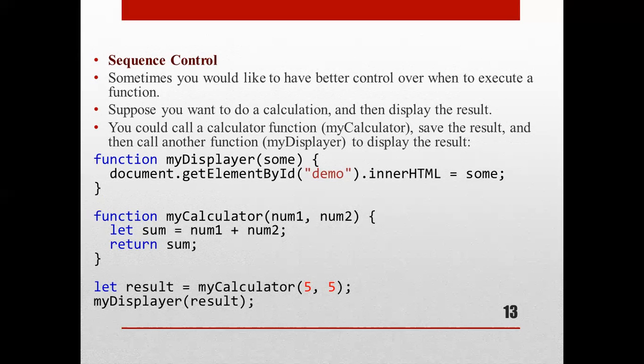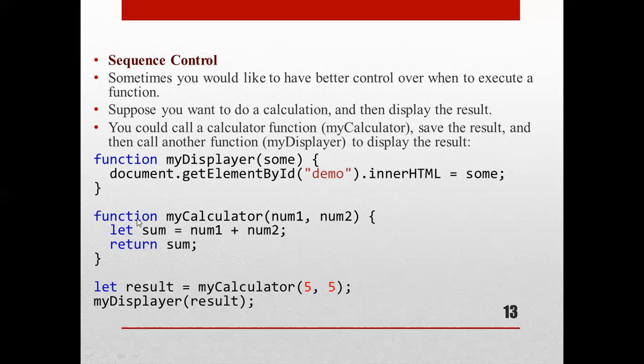Here you can see the example. We have one function, myDisplayer, with the parameter sum. It contains document.getElementById("demo").innerHTML equals sum. This is the HTML element we are going to include here, and we get that element by id.